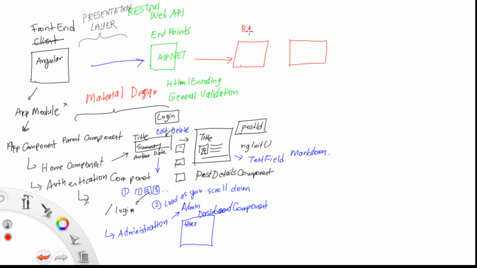So this is the business logic layer, and here I can have my database, and that's going to be MongoDB. But when I look at the project, I don't see a very complicated project that needs that level of abstraction.